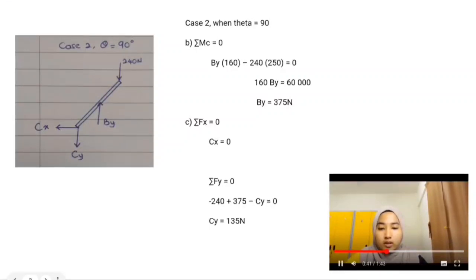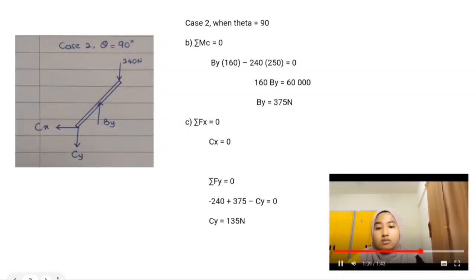To find By, we need to transfer negative 60,000 to the right hand side. So it be 160 By equals to 60,000. By equals to 375 Newton.